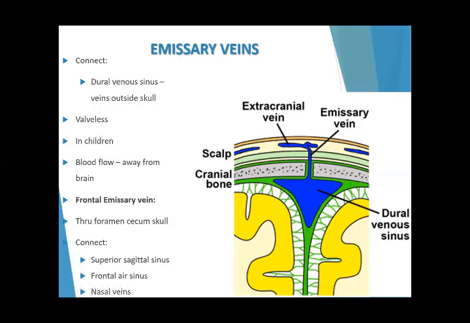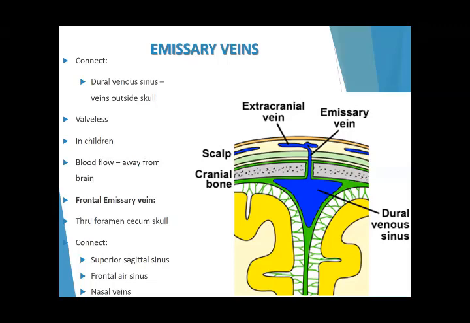This emissary vein connects the dural venous sinus with veins outside the skull. Obviously, they pass through the sutures of the skull, or even bones. They make up openings in the skull, special openings for emissary veins.